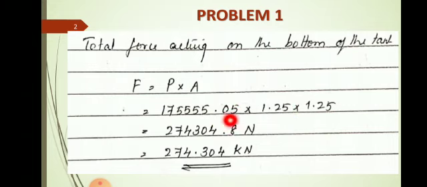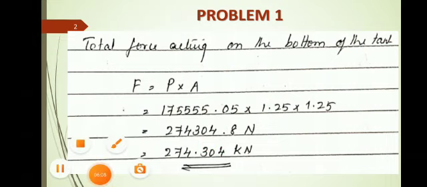Multiplying these, we get the total force on the bottom of the tank as 274304.8 Newton. To convert it into kilonewton, we divide it by 1000. So 274.304 kilonewton will be the total force acting on the bottom of the tank.